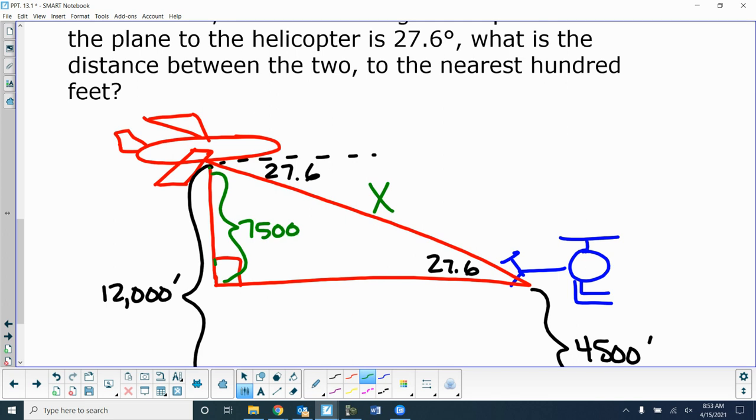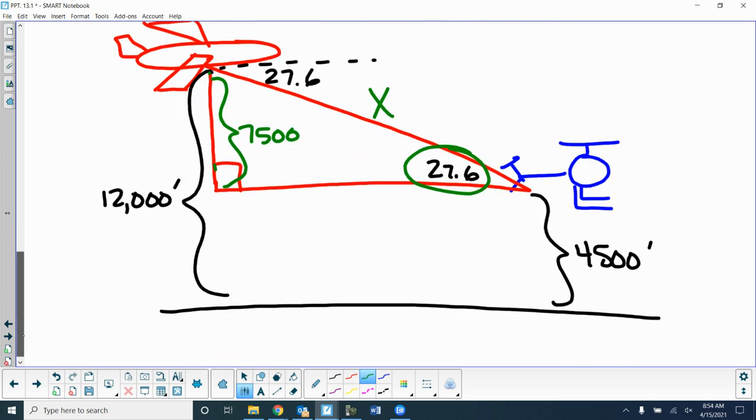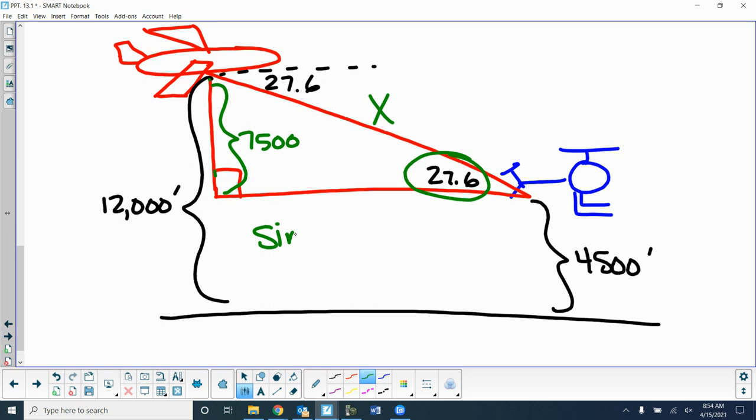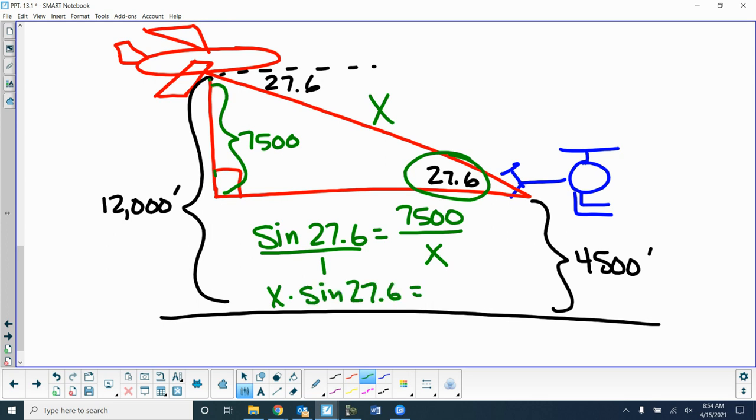Okay, so what trig function would I use? Here's my angle, my point of reference. I got opposite side and hypotenuse. Sine, right? So I go sine of 27.6 equals 7,500 over X. If I make it a proportion and cross multiply, it'd be X times the sine of 27.6 equals 1 times 7,500.